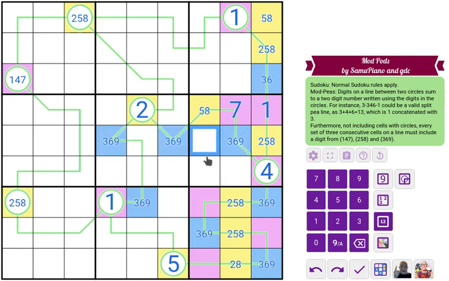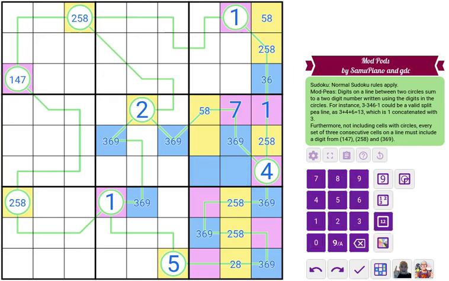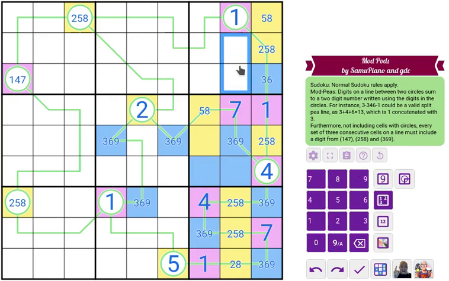There's no blue here, there's no purple, so there's yellow, blue here. Seven, 4, 1. 4 goes here. 7 here.